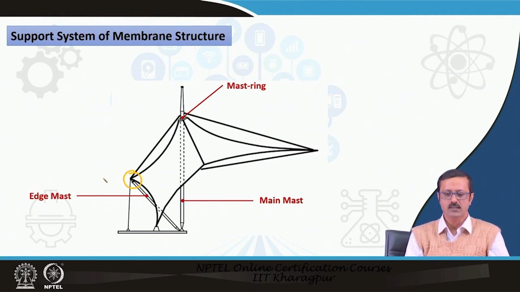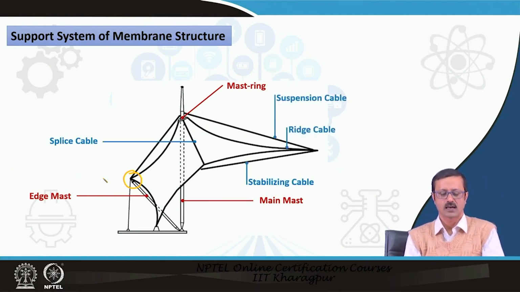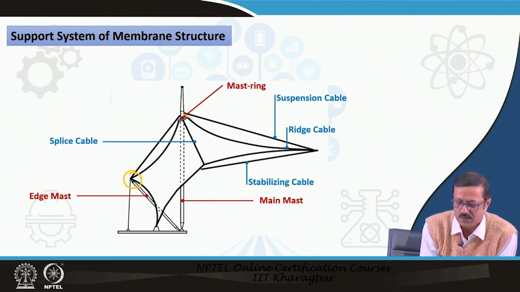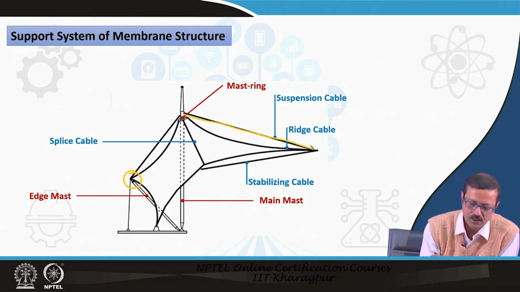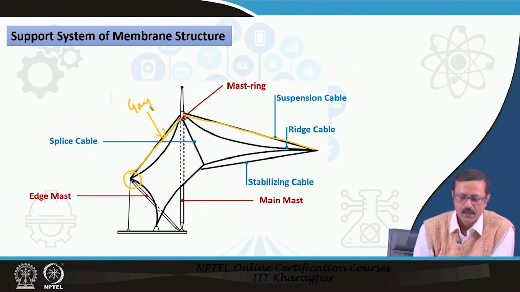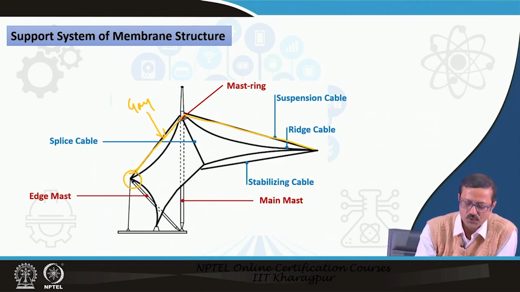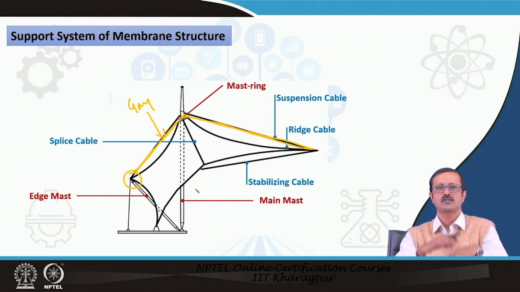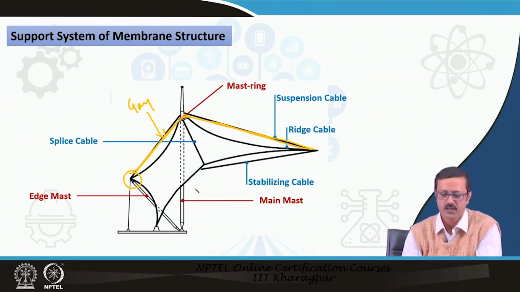Now, those are the masts, and the second set is the cables. The main cables: suppose this cable is the suspension cable, and this is the stay cable or guy cable. Based on these two primary cables, there may be 2-3 more secondary cables to take care of your formation.